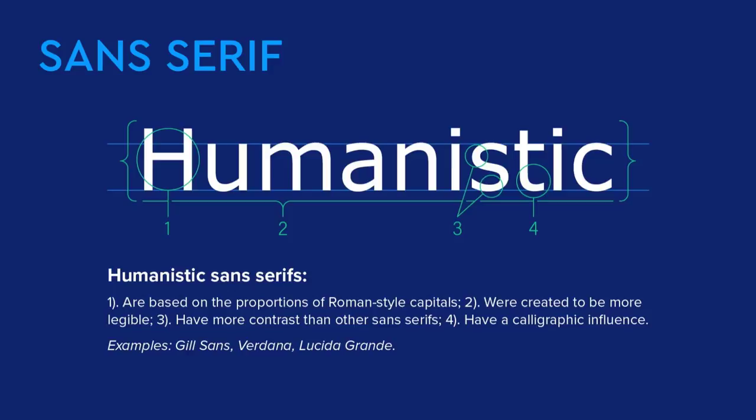Number three has more contrast than the other sans serifs. In the place highlighted as number four, we have a calligraphic influence. Examples of fonts that fall into this subcategory are Gill Sans, Verdana, and Lucida Grande.